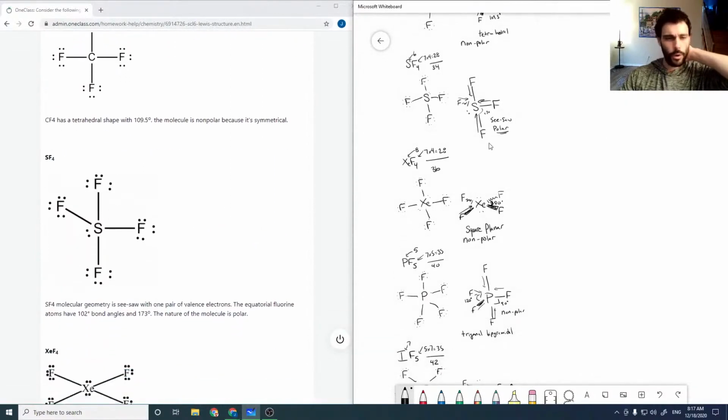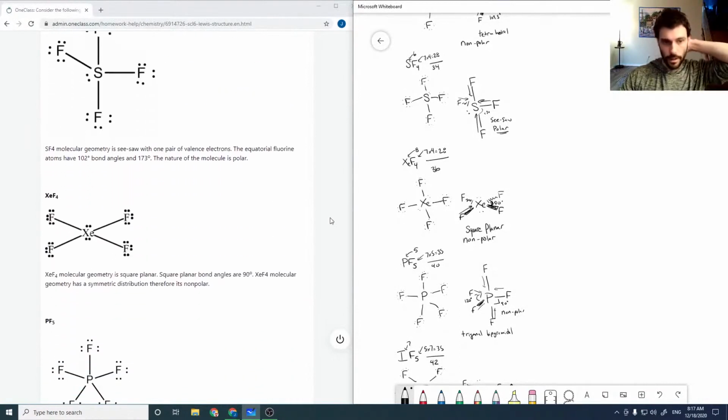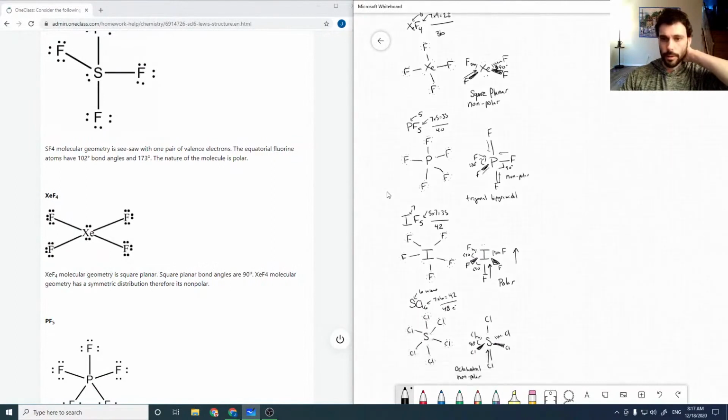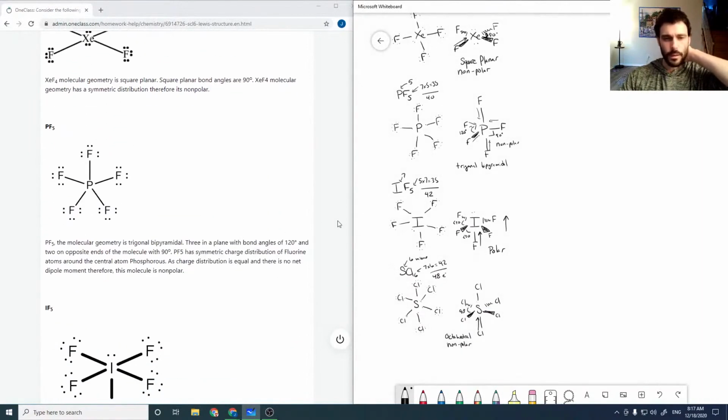SF4 will be a seesaw shape, and it will be polar. And the angles will deviate from ideal conditions due to the lone pair. XeF4 is square planar. All the angles are 90 degrees, and it will be non-polar because of the symmetry. PF5 will be trigonal bipyramidal with angles of 90 degrees here and 120 degrees on the equatorial.